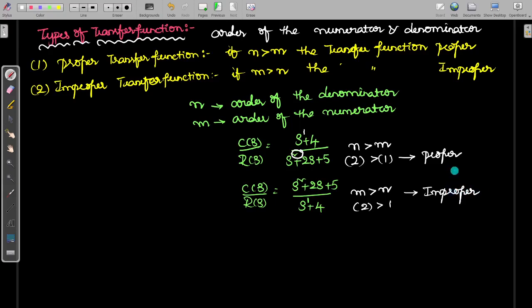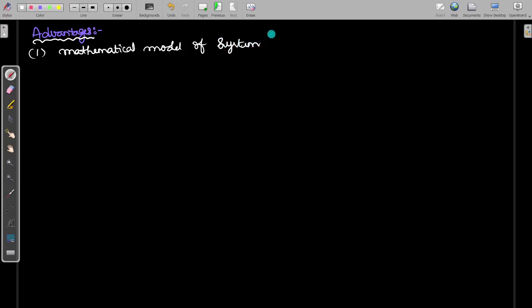Let us see what are the advantages and disadvantages of the transfer function. First, it gives the mathematical model of the system components.